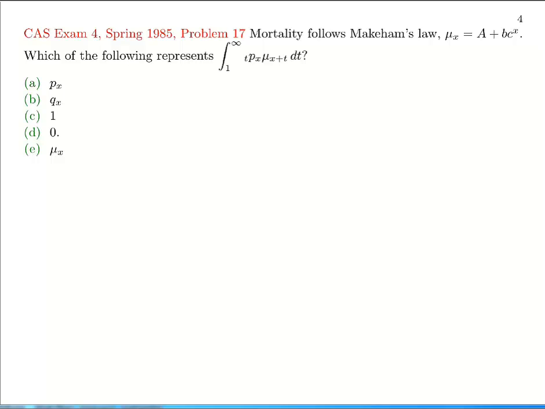All right, in this problem, they tell you that mortality follows Makeham's law, and which of the following represents that integral. And really, this is kind of a trick question because it doesn't really matter what the mortality law is. We remember that TPX mu x plus t is another way of writing the density of T sub x, no matter what the mortality law is.